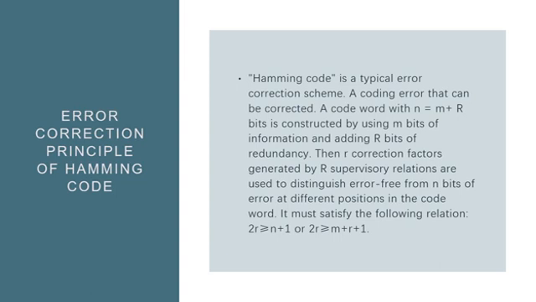And R and M have the relationship that 2^R must be equal to or bigger than n plus 1, that is, 2^R must be equal to or bigger than m plus r plus 1.